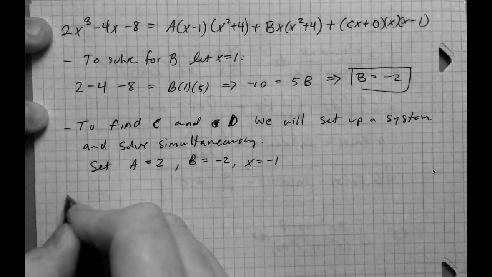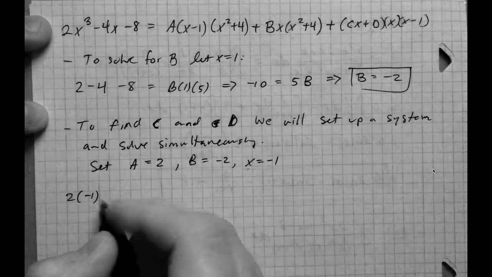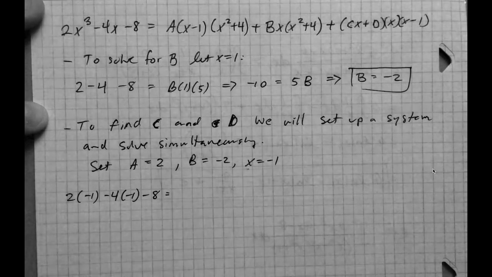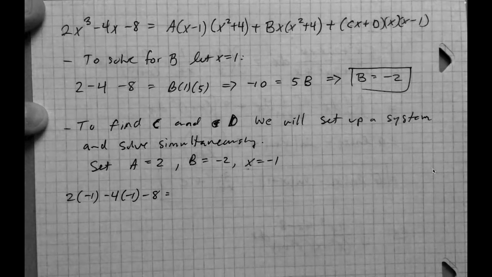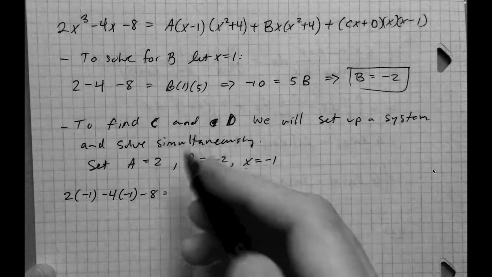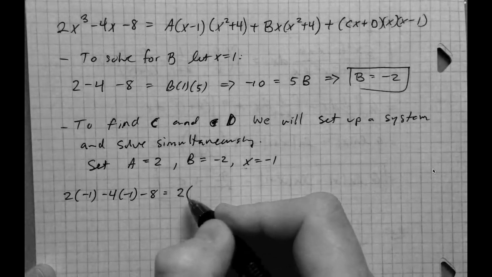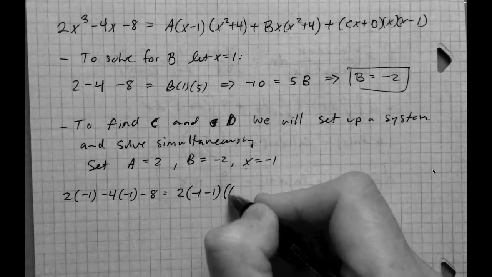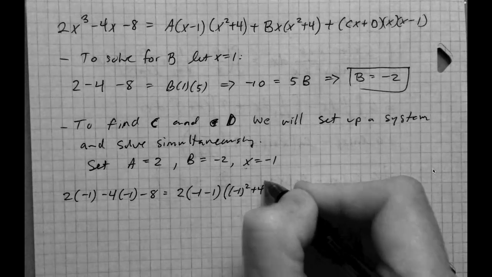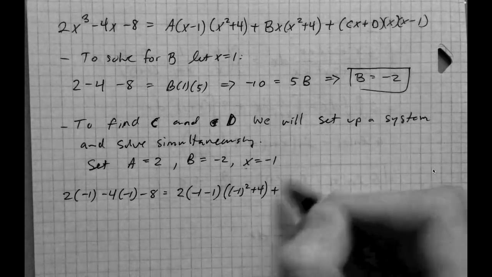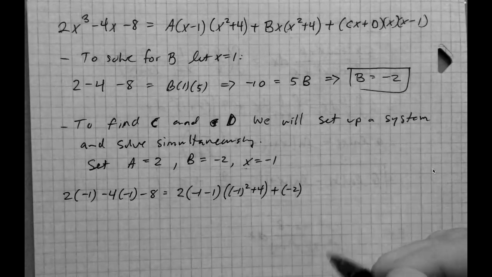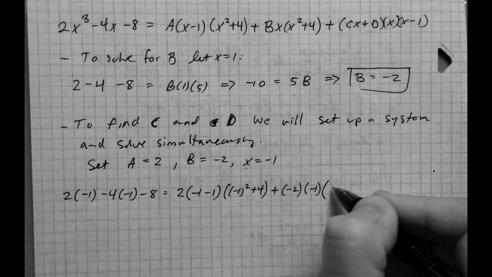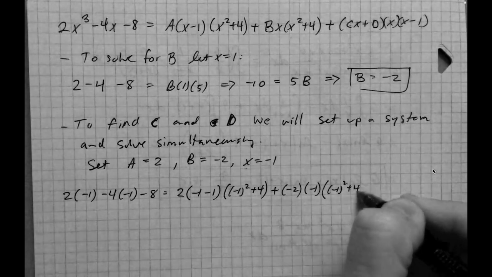So we get 2 times negative 1 minus 4 times negative 1 minus 8 over here. And then on the other side, a is equal to 2, so we get 2 times negative 1 minus 1 times negative 1 squared plus 4, so we have to be a little careful here, plus, now b is equal to negative 2, times negative 1 times negative 1 squared plus 4.